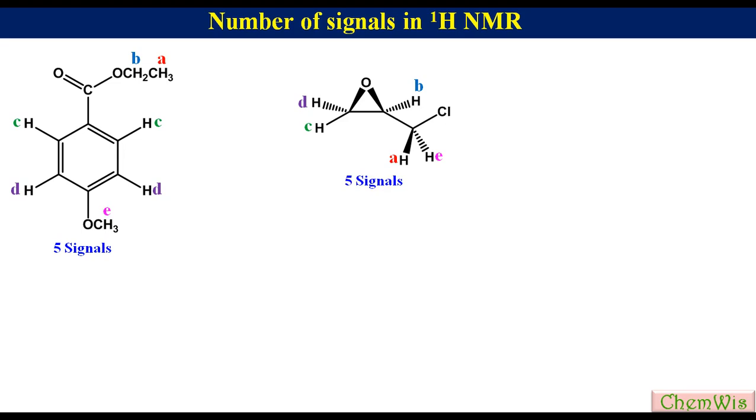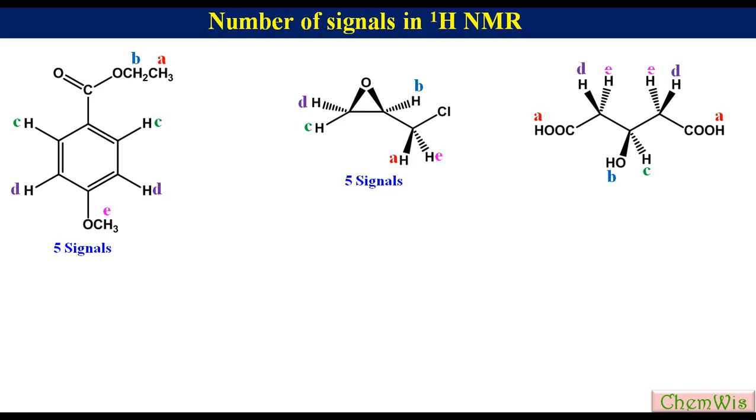Similarly, 3-hydroxypentane 1,5-dioic acid has 5 different sets of protons A, B, C, D and E. So it will also have 5 signals in the proton NMR.